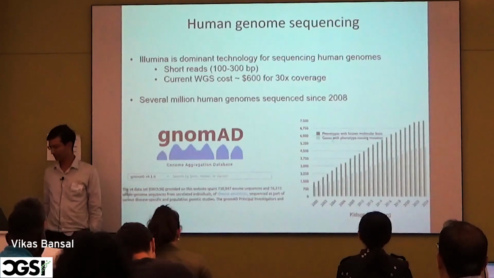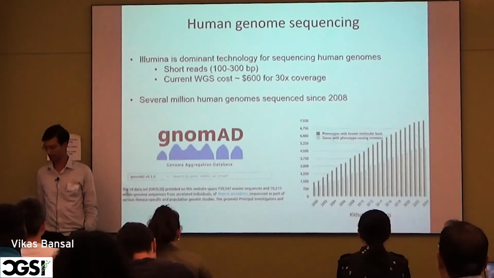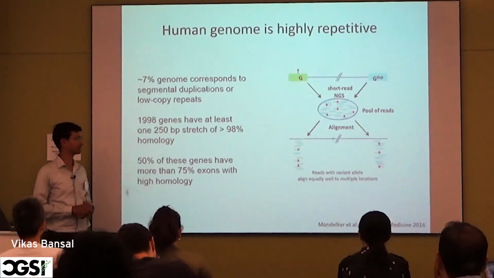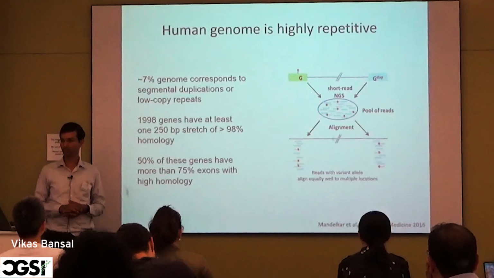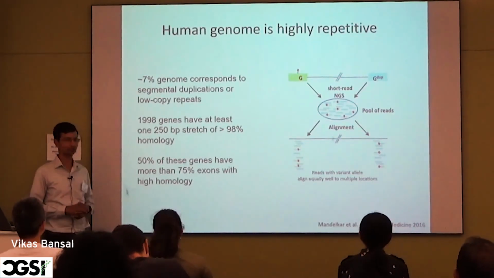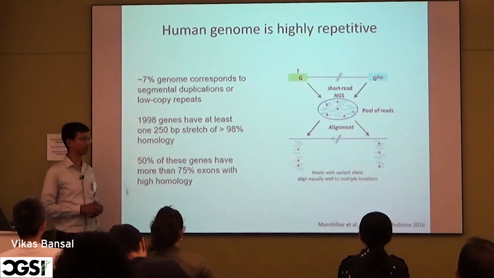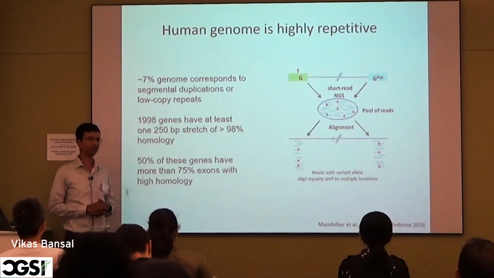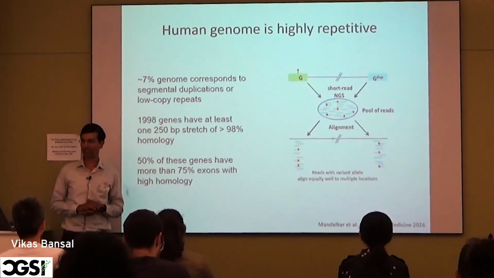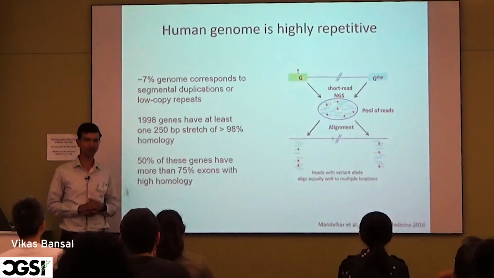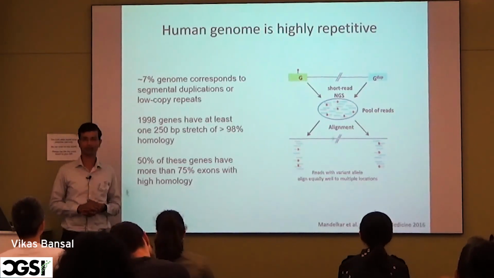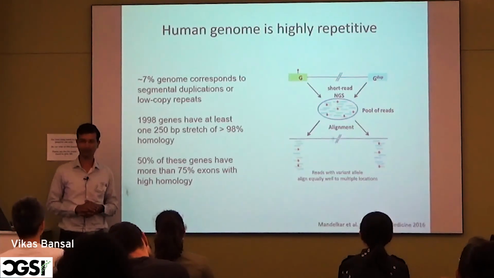One common feature of all these human genome sequencing studies is that the standard paradigm for analysis is to align the reads to a reference genome, because that's the best you can do with short reads. And this is problematic because the human genome is repetitive. In particular, we have a class of repeats known as segmental duplications or low copy repeats that cover about 7% of the human genome.